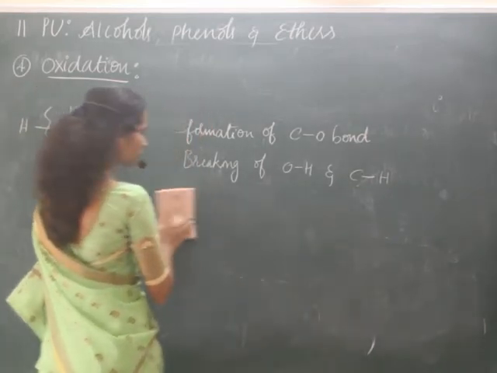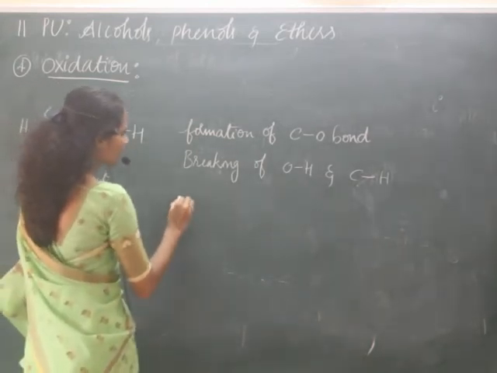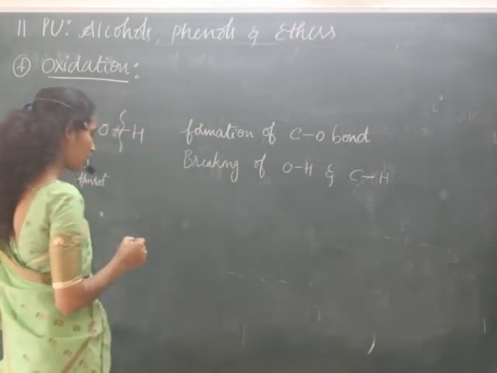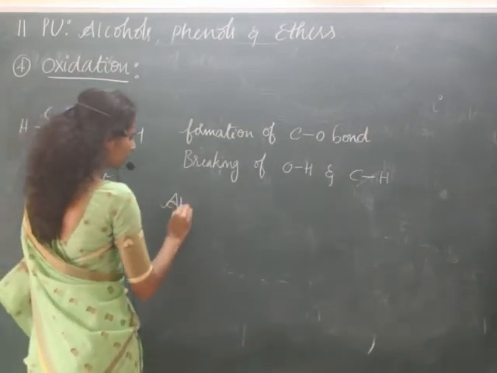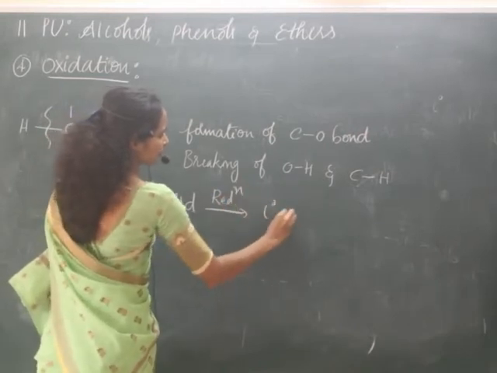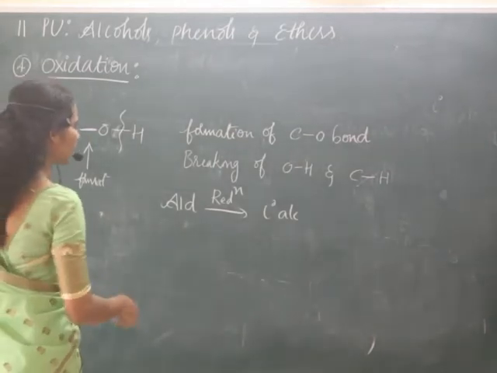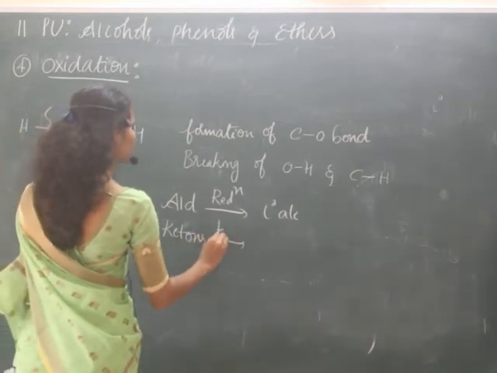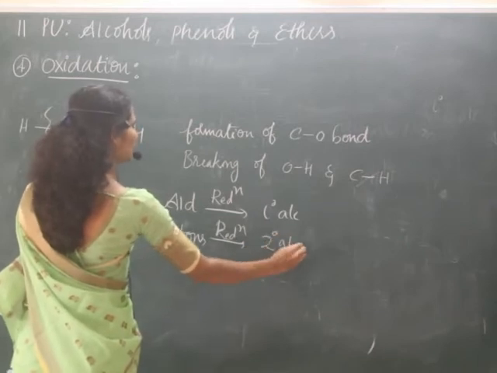Now, one more thing, in reduction reaction, I have already explained that aldehydes on reduction leads to the formation of primary alcohol, and ketones on reduction will result in the formation of a secondary alcohol.